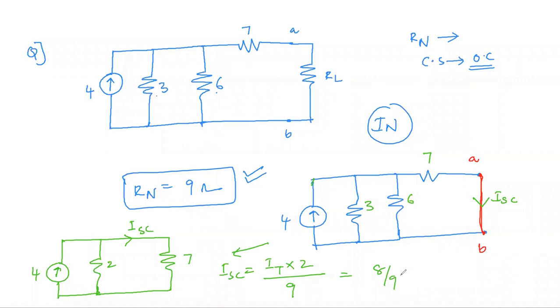Yes. Okay, so if you are getting 8 by 9, it is right. So ISC is nothing but the Norton current. So the Norton current you got, and the Norton resistance also you got. So how do you replace that circuit?